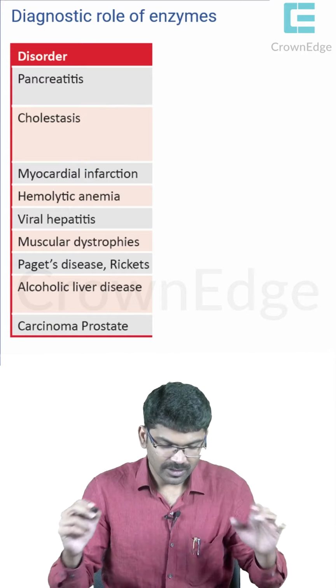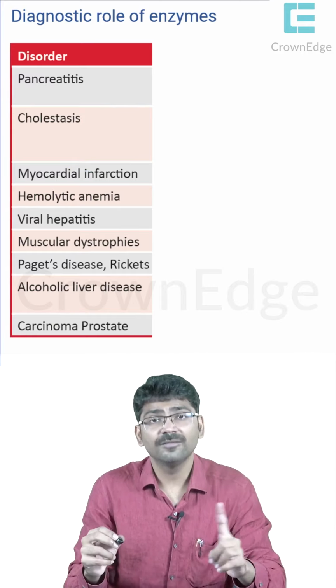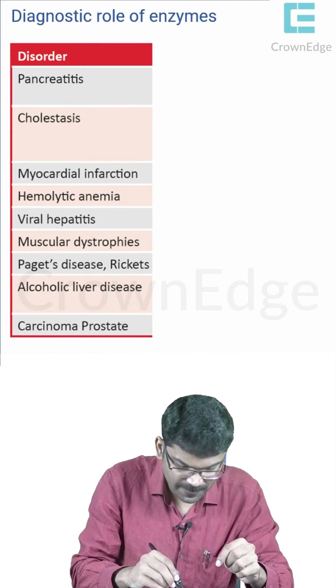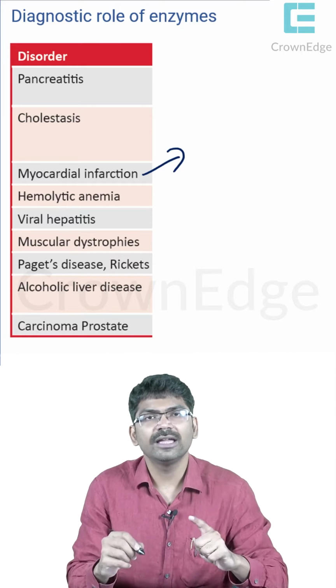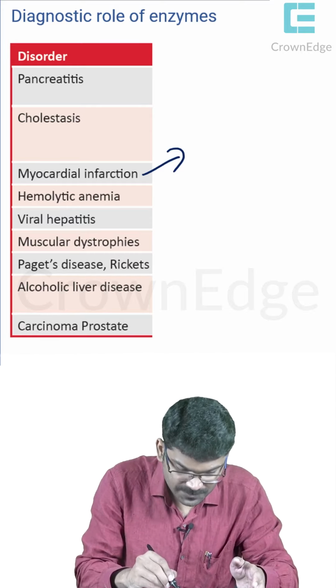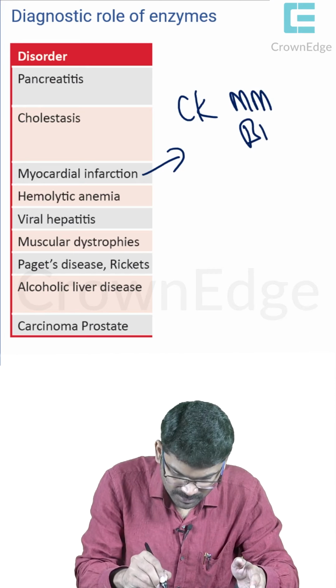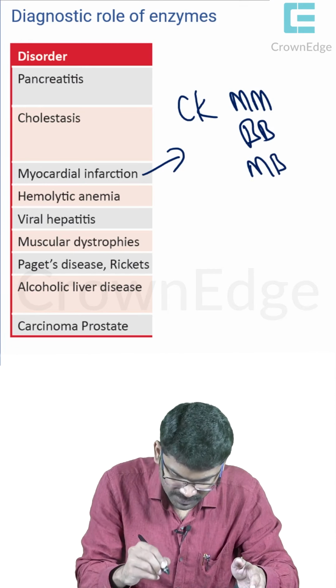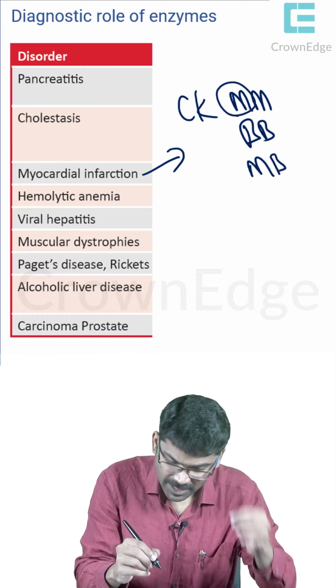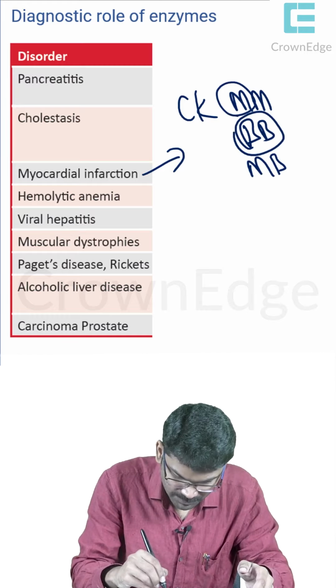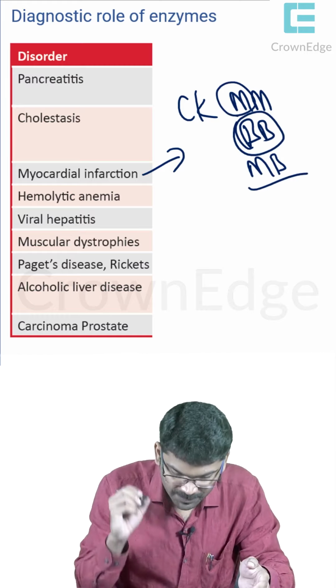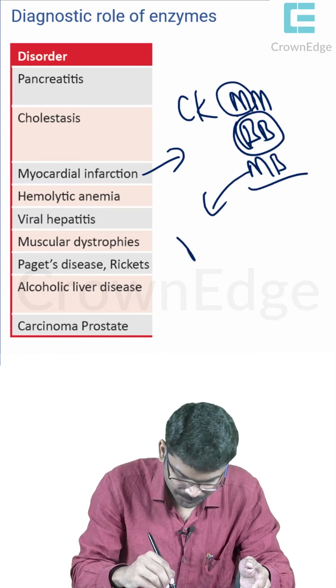Remember, in myocardial infarction, which enzyme level will be high? Creatine kinase has 3 isoforms: CK-MM, CK-BB, CK-MB. MM is for skeletal muscle, BB is for brain, MB is for heart.